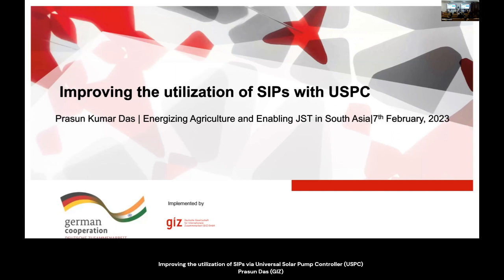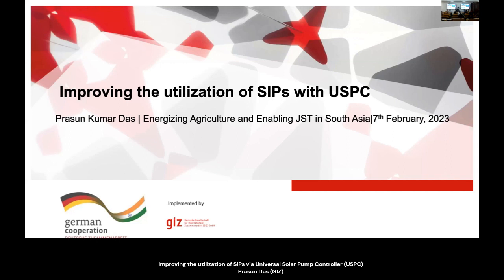The only thing to match is that the motor capacity should not be more than the USPC, otherwise of course it will not run. But if it is less, you can run any kind of electrical appliance. He also got some financial subsidy, because the cost of USPC is a little higher than normal. Based on this request, MNRE came up with a separate subsidy benchmark for normal controllers and for USPCs, and we have seen some differences.